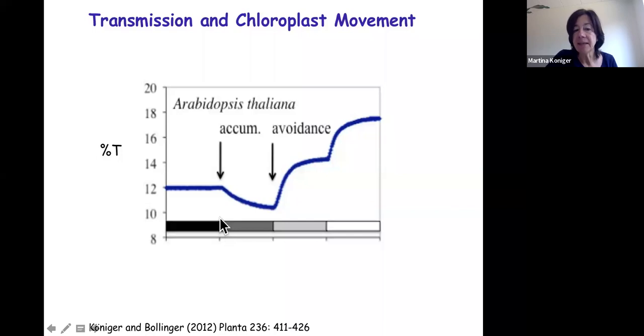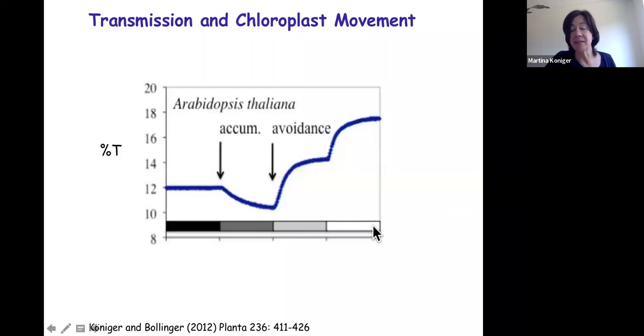If I shine weak blue light on it, the transmission goes down. And what that means is my chloroplasts are spreading out so that they can absorb more of that light. If I shine bright light on it, they change their behavior. They go to the edge of the cell, they're avoiding, and now more light is transmitted through.